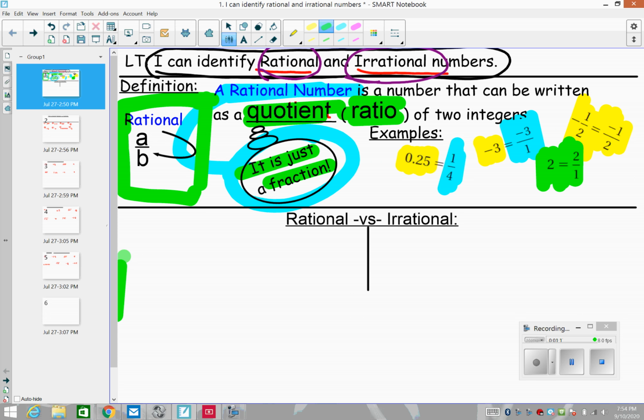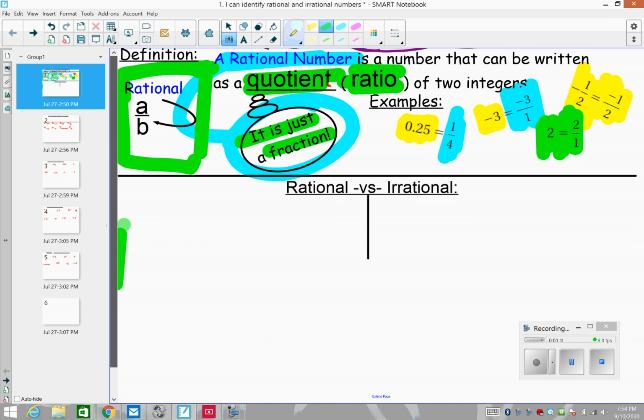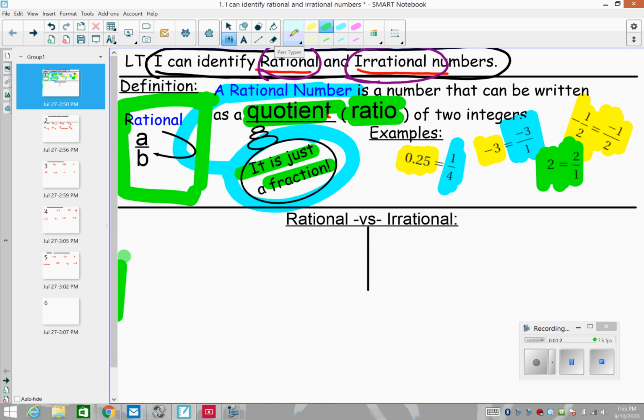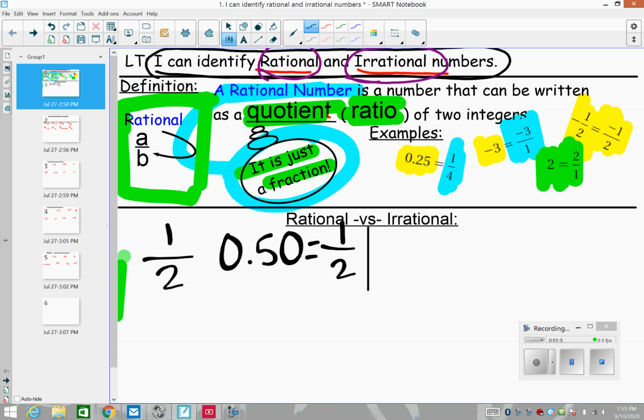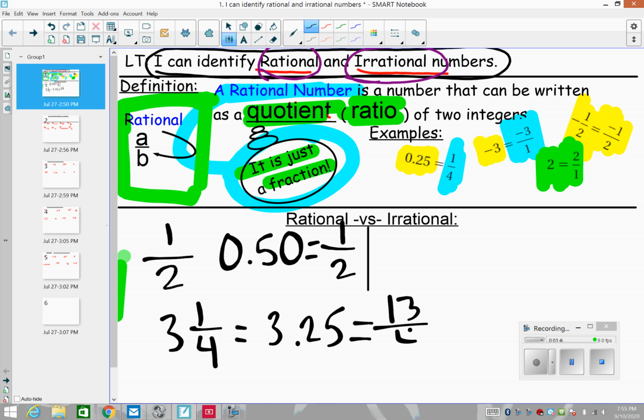So, ideas of what are rational numbers and what are not. Rational numbers are any number that can be a fraction. So 1/2. We could also say 50 cents. That can be converted into a fraction of 1/2. We could also say 3 1/4, which can be 3.25, which is the same thing as 13/4.